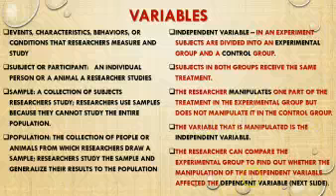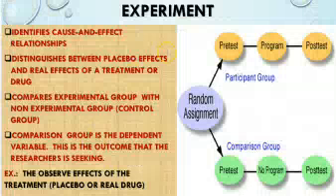The variable that is manipulated is the independent variable. The researcher can compare the experimental group to the control group to find out whether the manipulation of the independent variable affected the dependent variable. And in the next slide, we'll see an illustration of that.